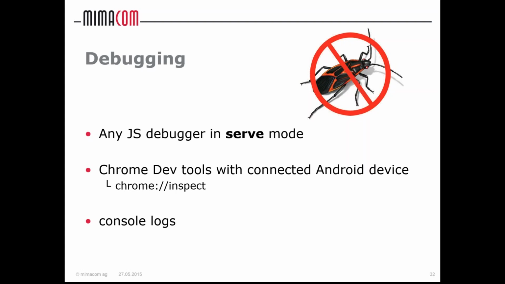So, as far as the JavaScript API for the PhoneGap plugins goes, you can debug your application as a normal JavaScript web application, even if it's running in your device or in the emulator. You can use console log also. I will show you this later. It's just running in the CLI, in the console. It's running the server.